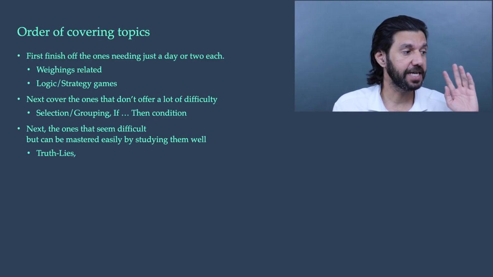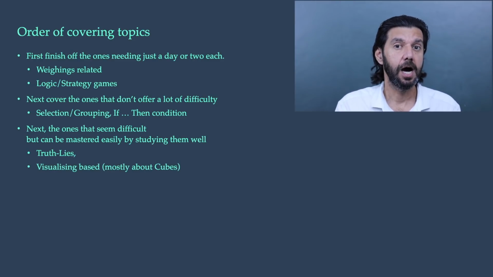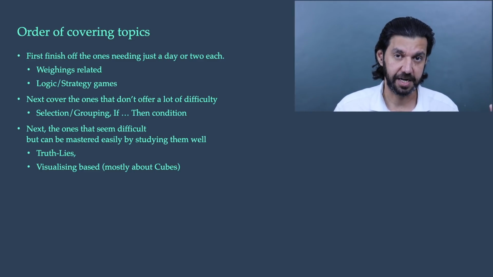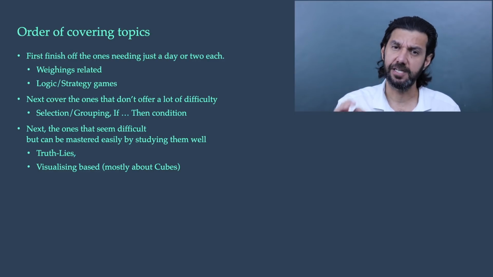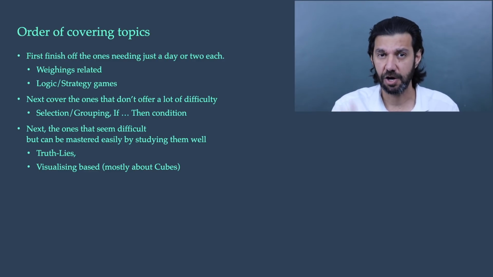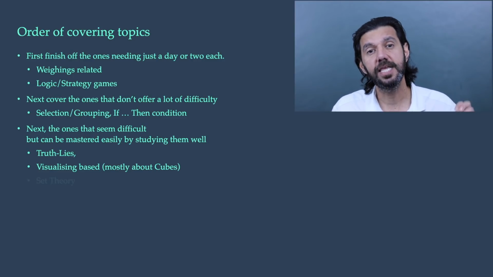And visualizing, that is the cube one. While you might not be able to cover all visualization possibilities, the standard ones that come more often are well defined. You start by thinking on a vertex, along an edge, along a face, so you will easily get those ideas. The third thing is set theory.